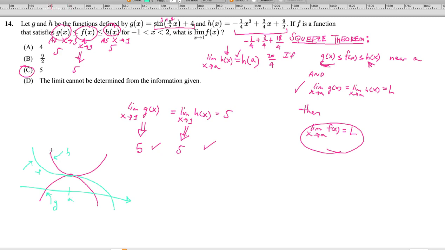You see that h of x is always greater than the blue function f of x, and f of x is greater than g of x. The limit of h of x as x goes towards a is whatever value this is along y, and it's the same value along g. That means the limit as x goes to a of f of x must be that same value, this value along here.